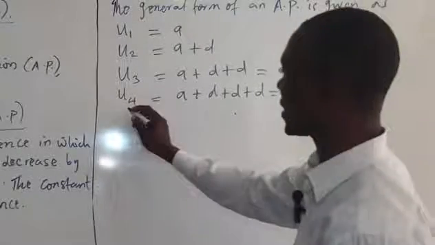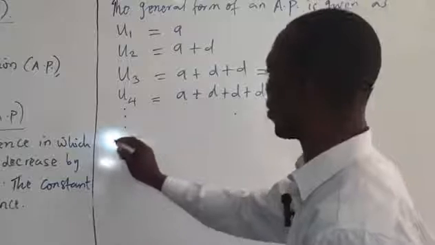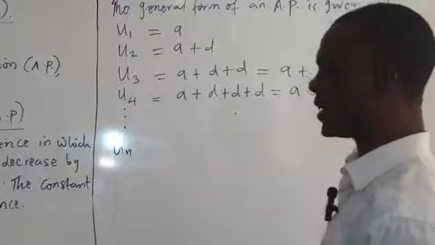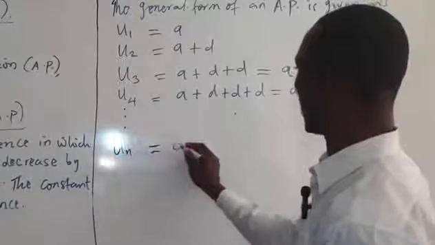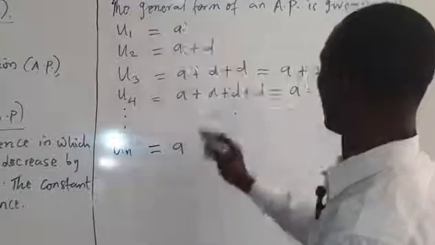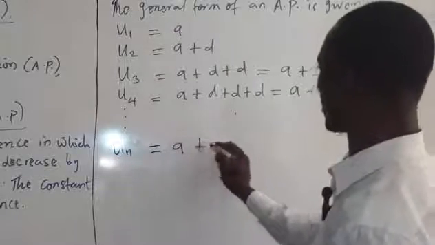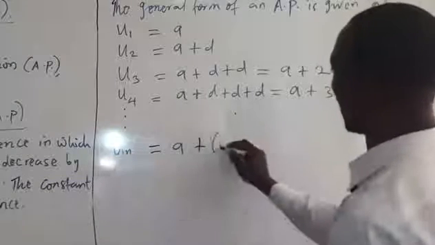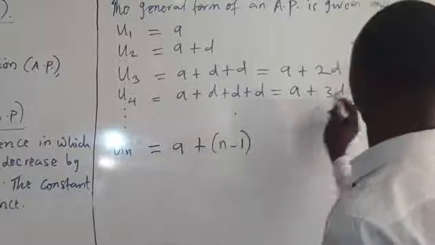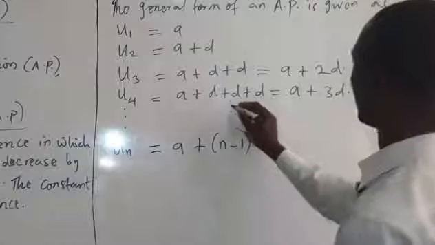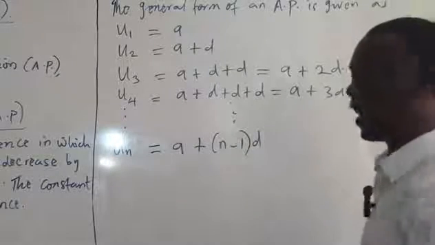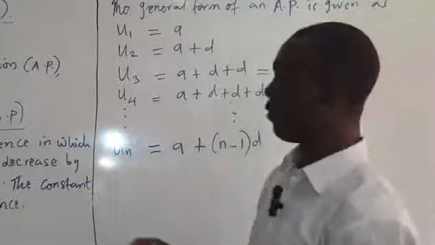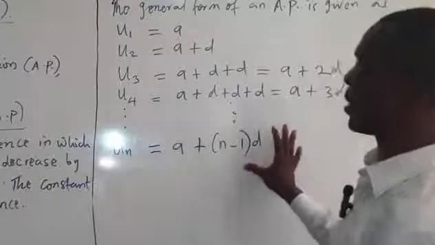So to generate the nth term formula, we are going to have Un, which is the nth term, equals A. A is common to all the terms given, plus, so to have the terms before n is going to be n minus 1 multiplied by the common difference. So this serves as the nth term formula for an arithmetic progression.